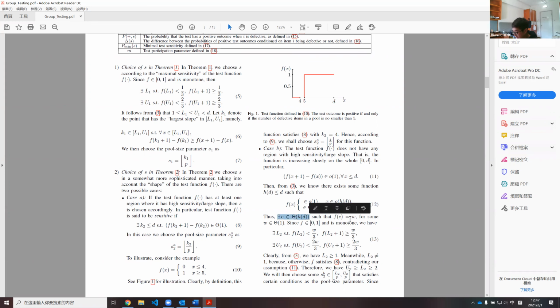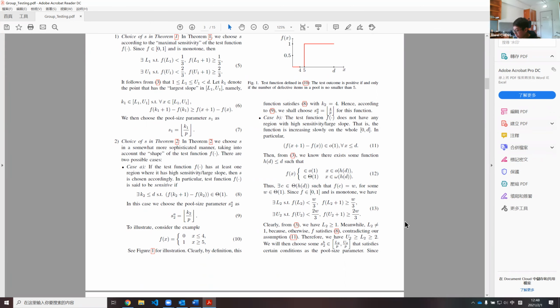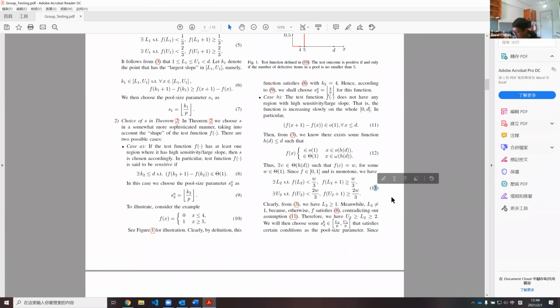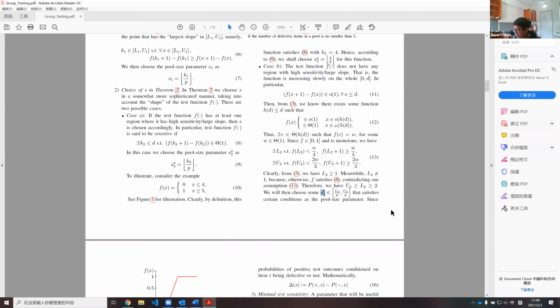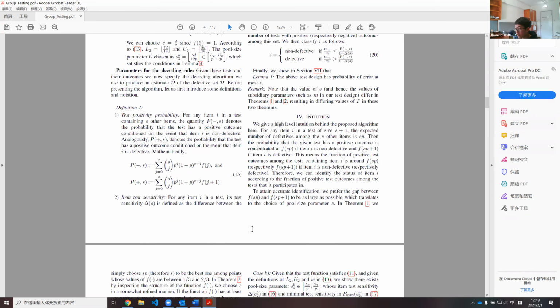Then we can find c in theta of hd such that fc equals w, where w is theta of 1. Then, similarly to above, we find L2 and U2 that satisfy this inequality. Although we cannot give the exact way to choose x, we can claim that we can find some S2B between L2 over P and U2 over P, which satisfies equation 24.